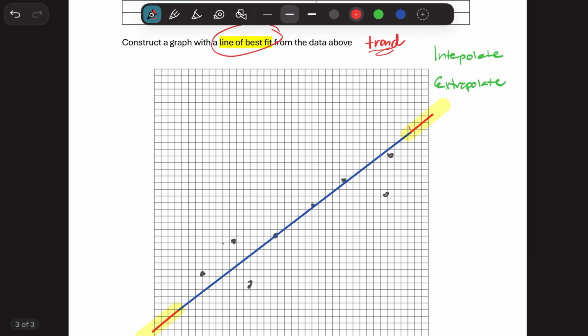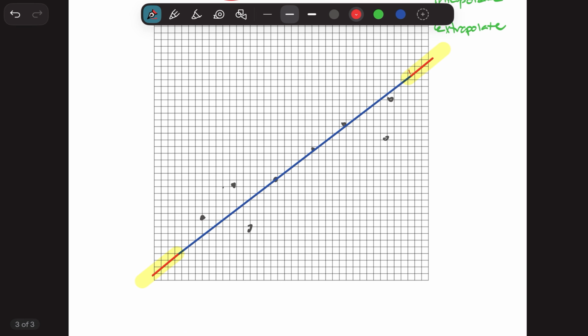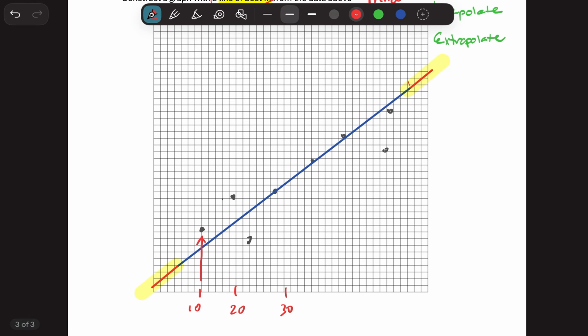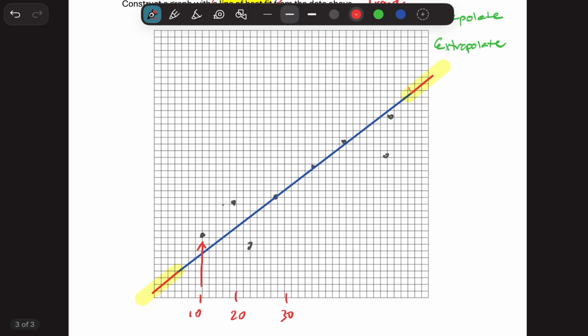Well, with interpolate, say we had data on, I'm just going to make up some points. Let's say this is 10, 20, 30. Let's say we knew at 10 it was this point right there. And then I come and say, hey, what do you think 15 would have been? So right in the middle. Do I have a point for it?